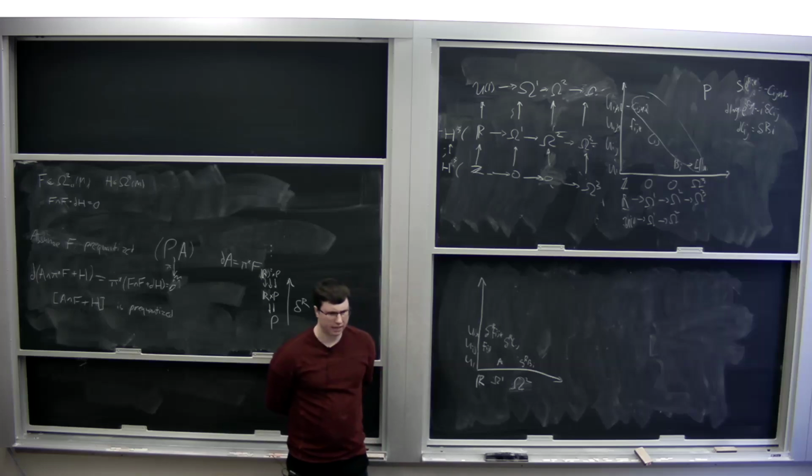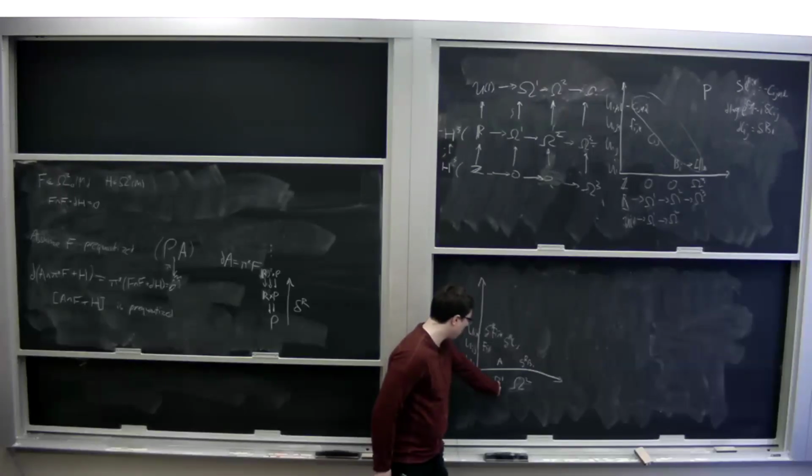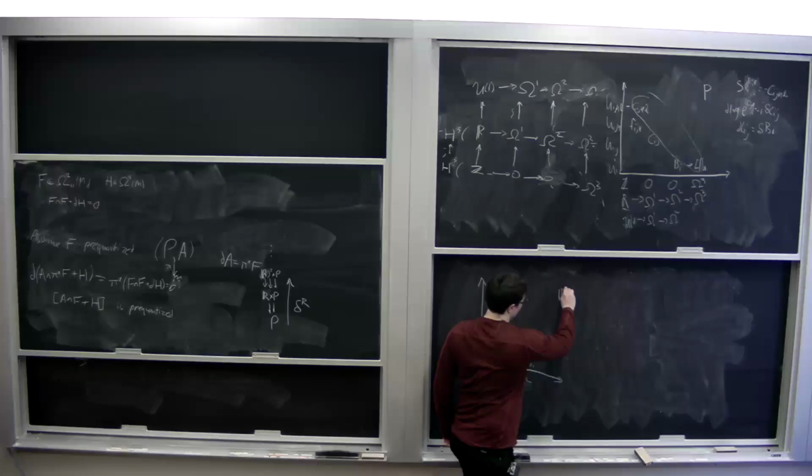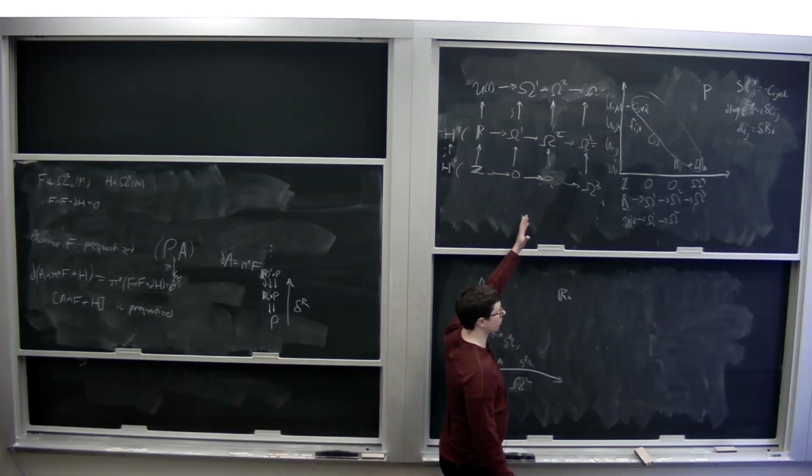What is the complex that you're considering? Sorry, I'm not clear which double complex you're starting with. Is it the U_i to omega 1 to omega 2, or is it the R to omega 1 to omega 2? It's the R to omega 1 to omega 2. This is a triple complex now, right? Because we've got the action groupoid as well.